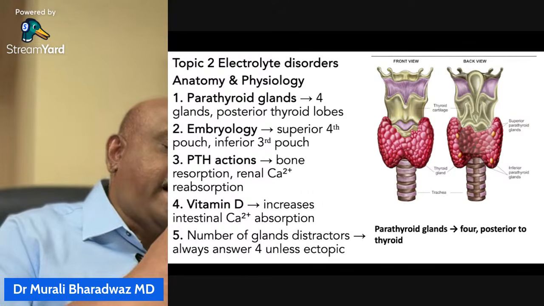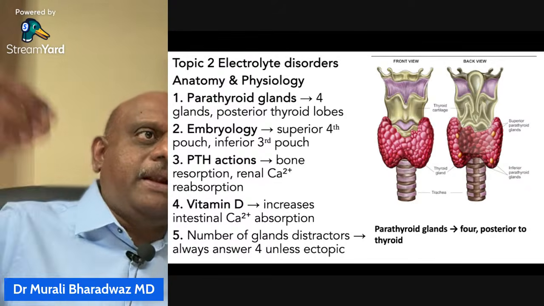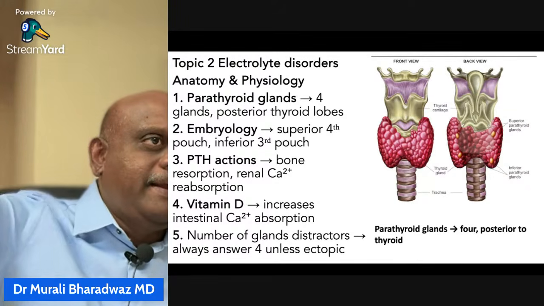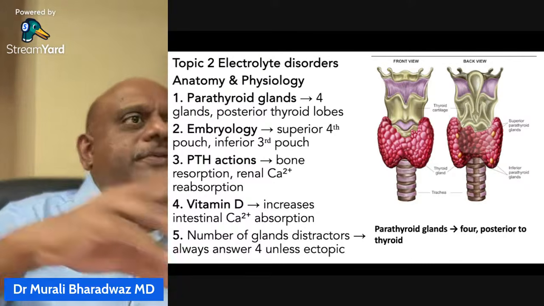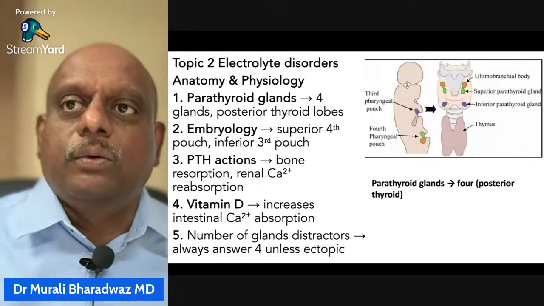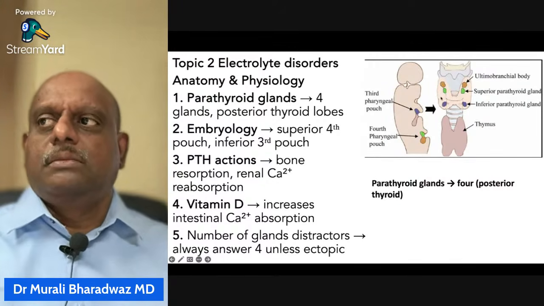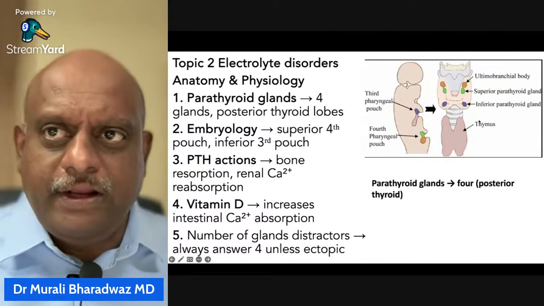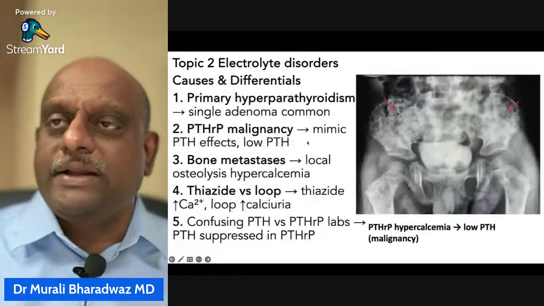That's the reason what will happen in hyperparathyroidism. More calcium is reabsorbed, leading to hypercalcemia, but more phosphate is lost into urine, leading to hypophosphatemia, is what you need to remember. Right? Now, if you look at the 4 parathyroid glands, superior, inferior, its embryology, you should not forget.